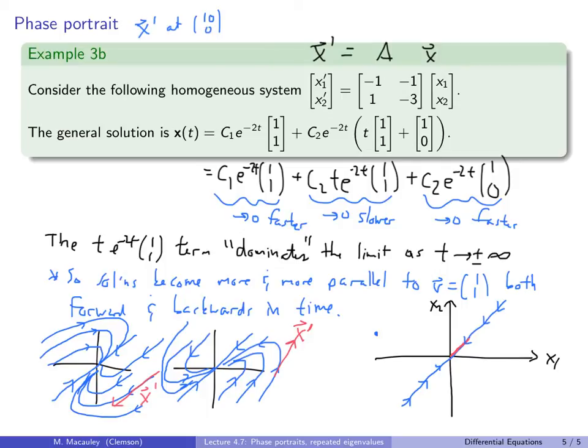So x prime at (10, 0) is, let's compute it, A times (10, 0). And I don't care about what time that is. I just care about the fact that it's (10, 0).